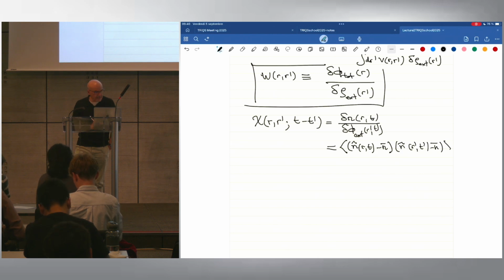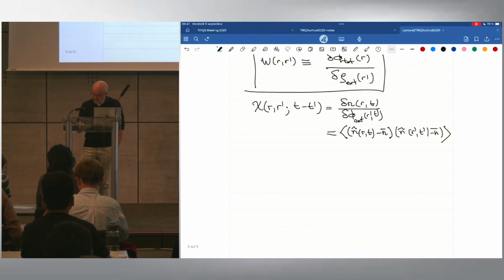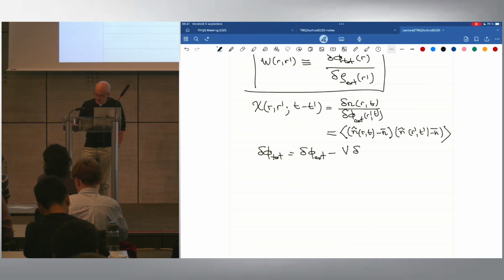So it's the connected density correlation function of the full, interacting system. Okay. So now you put all these things together exactly as before. You're going to write that delta phi total is equal to delta phi external plus the induced potential, which is minus V delta n.